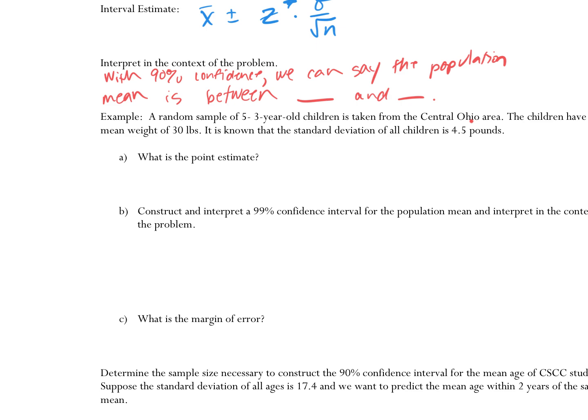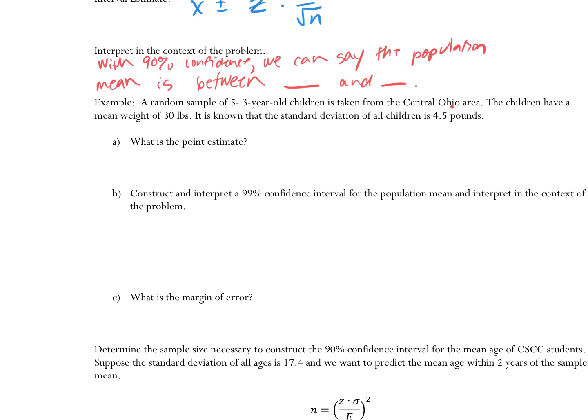Let's say in this particular case, what we want to do is come up with an interval to estimate the average weight of 3-year-olds in Central Ohio. Is it reasonable to take every single 3-year-old in Central Ohio and measure their weight? No, that is very, very unreasonable.